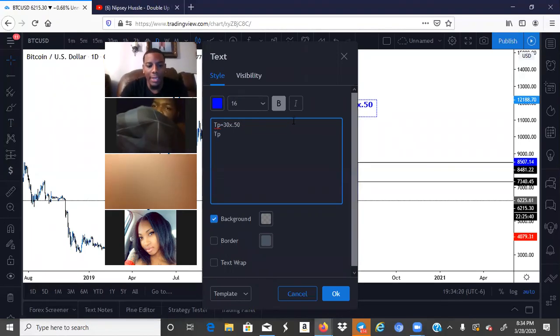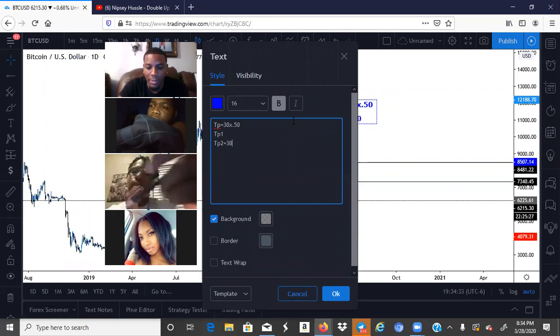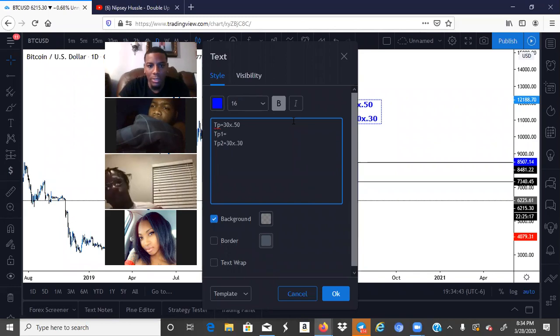And then it's the same person that did TP1 and TP2: 30 pips times 0.30, and TP1 is 15 times 0.20, right?